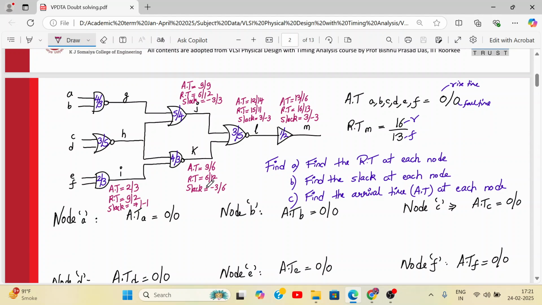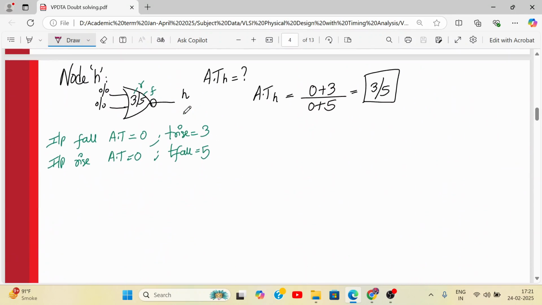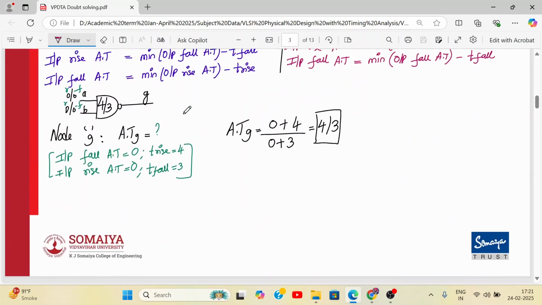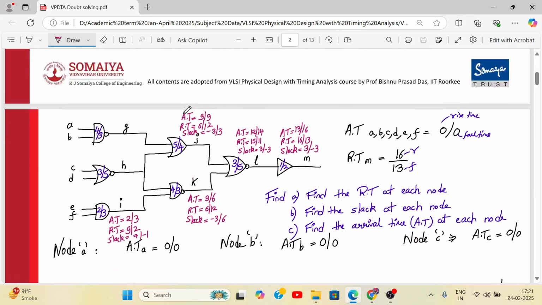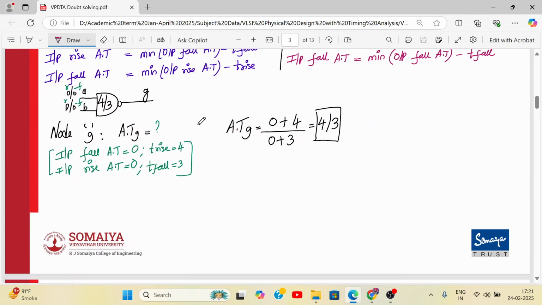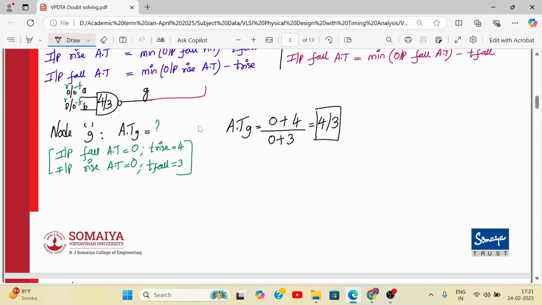Now let's calculate similarly for G first. So basically G is going to J as one of the inputs. Here the delay is 5 by 4.